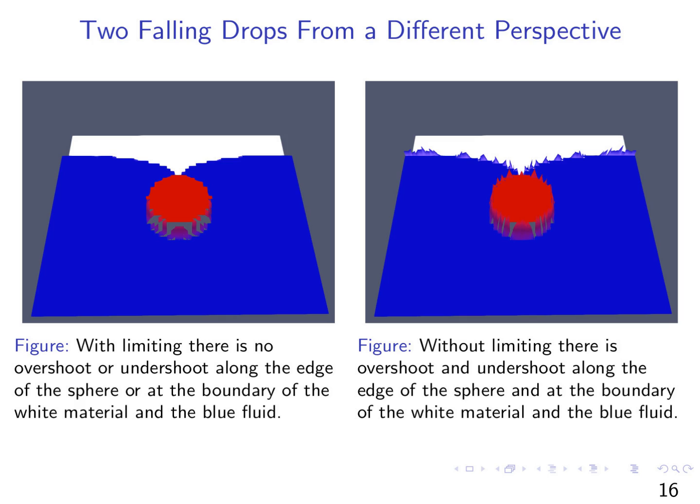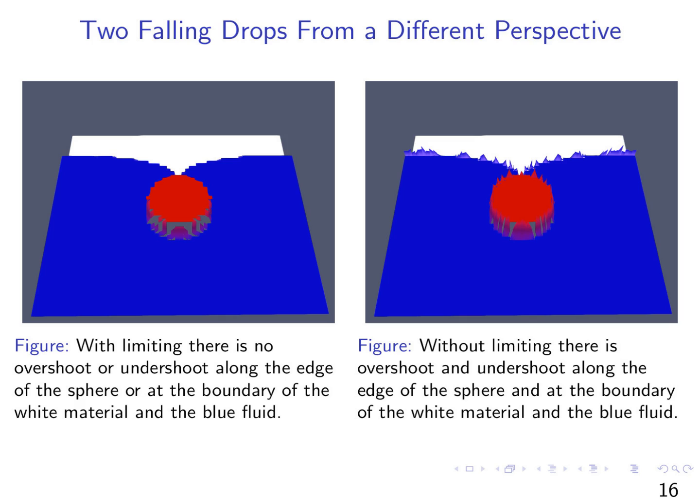So on the left with the limiting, we see that there's no overshoot or undershoot along the edges of the sphere or at the boundary of the white material and the blue fluid. So, we can see pretty distinctly the cell edges where these things match up, and nothing goes above or below these cell edges. On the right, however, we see that there's quite a bit of overshoot and undershoot.